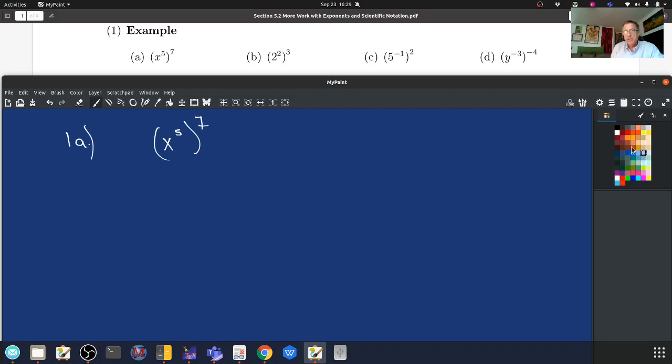So again, just note that my base is itself something raised to a power. So this is telling you to use the power rule. So that's just equal to x to the 5 times 7, which is equal to x to the 35.